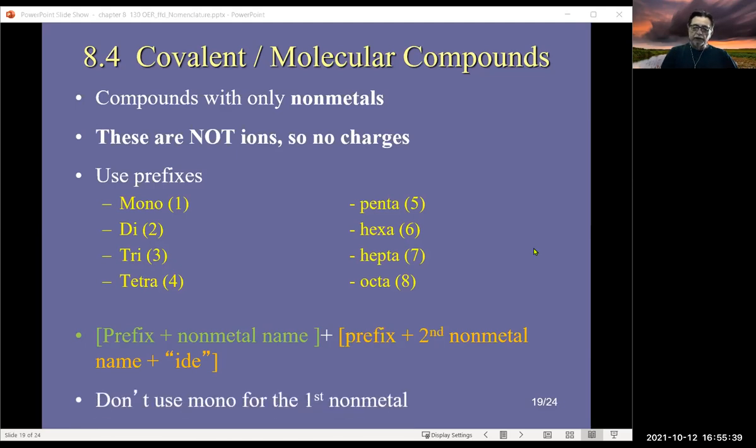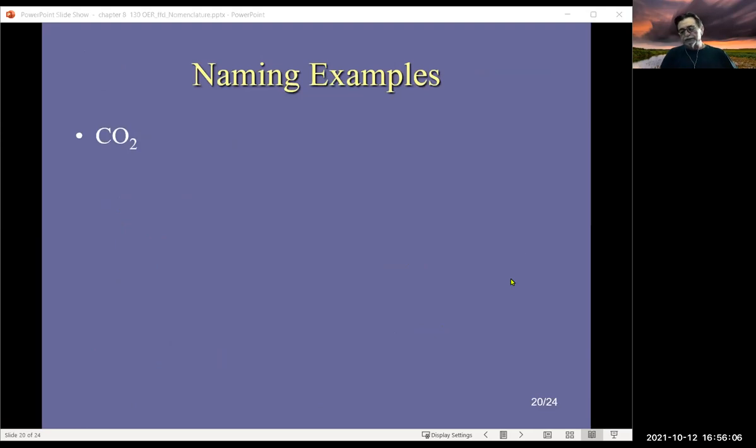And if the first nonmetal, which is the central atom, is all by itself, we just call it whatever the name is, but we don't put the prefix mono. Unless there's more than one in the first element, then we use the prefix di, tri, whatever the case may be. For example, this one I've used quite often, everybody knows what this is.